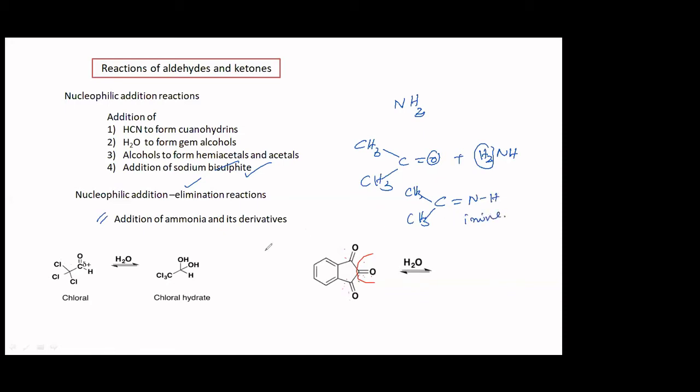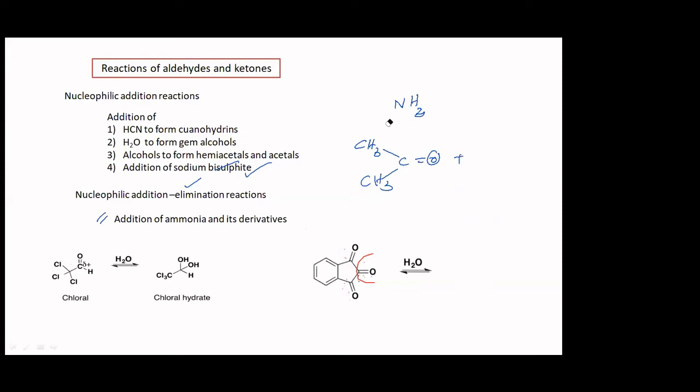Imine formation happens. So it is addition followed by elimination. You can consider this reaction: addition happens first and then elimination. That is the reason you have got the double bond still intact, isn't it? Now, this reaction gives an imine, you all can understand. But if I take a primary amine, then what is the product formed? That is very important.